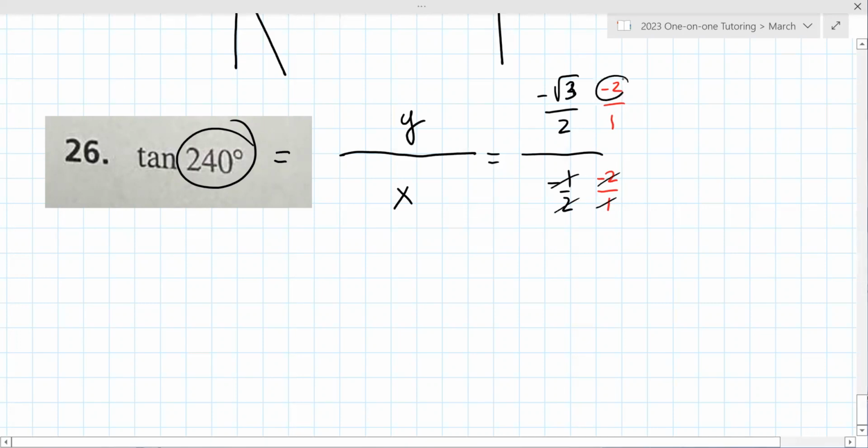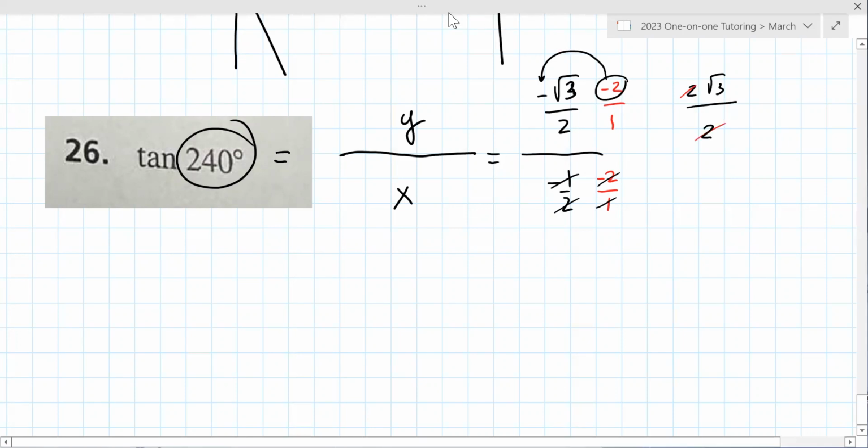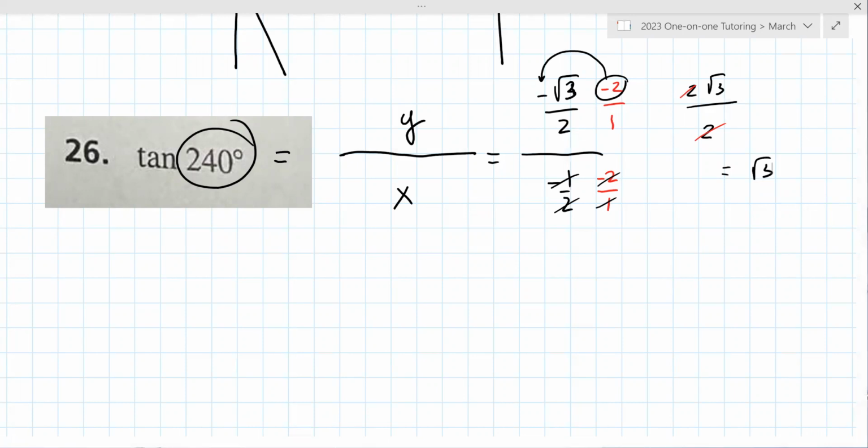On the top, the -2 goes with the negative, so it becomes negative 2 radical 3 over 2. Is that okay? Yes. We're not done because the 2's cancel. So this becomes just negative the square root of 3. Okay. Any questions on that before we go to 29?